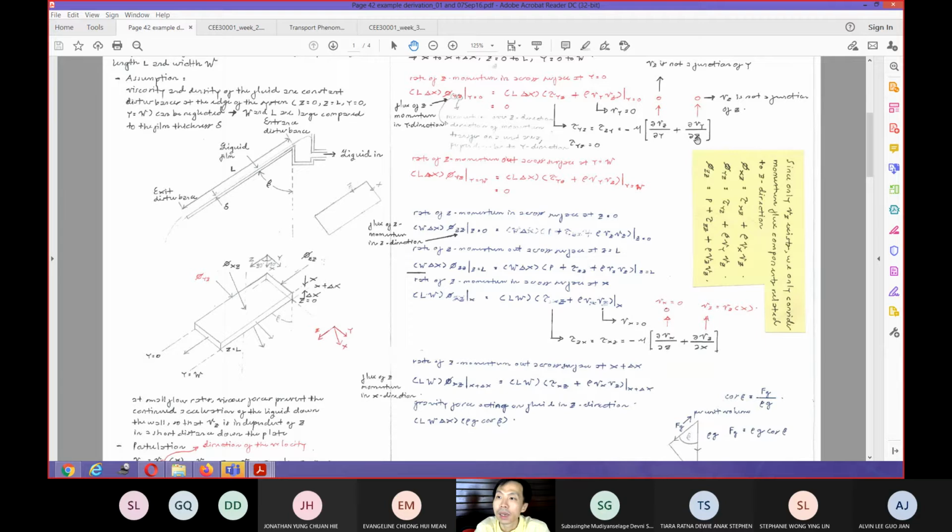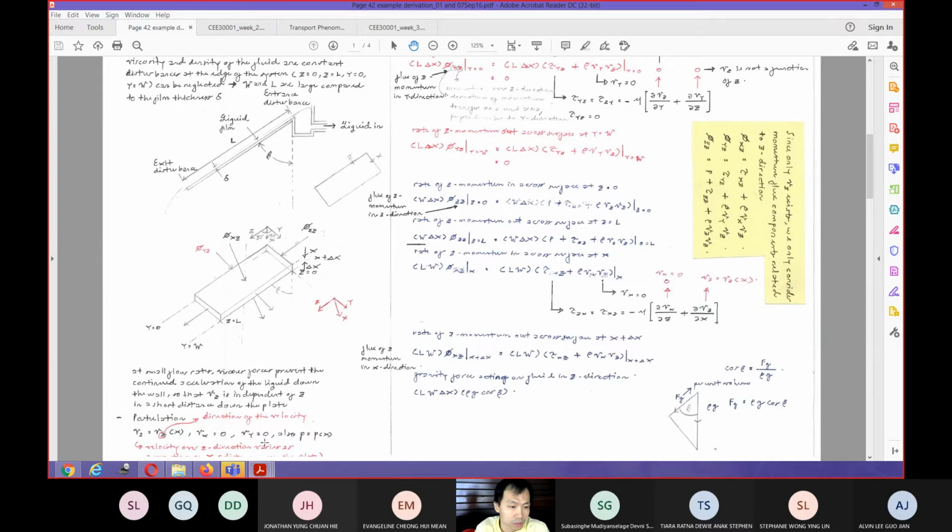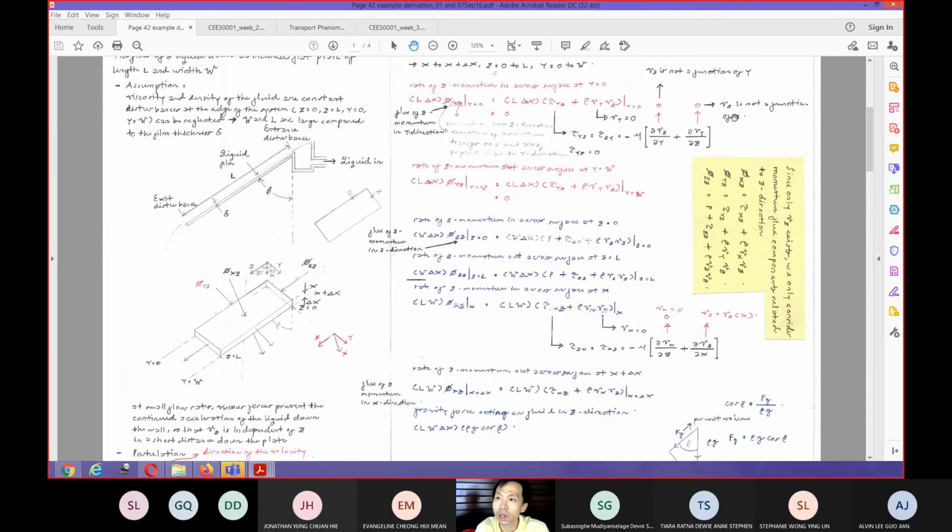And then this Vy in here is 0. So just don't look at this; this one is a wrong statement. So this Vy is 0, and the derivative of 0 will be 0 basically. So tau yz in here will be equal to 0.